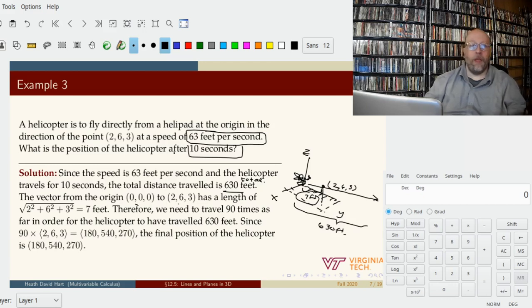Okay? We find the distance that the helicopter traveled. We find out how many times that is bigger than the vector (2, 6, 3). And then, since that's 90 times further, we have to scale by a factor of 90.